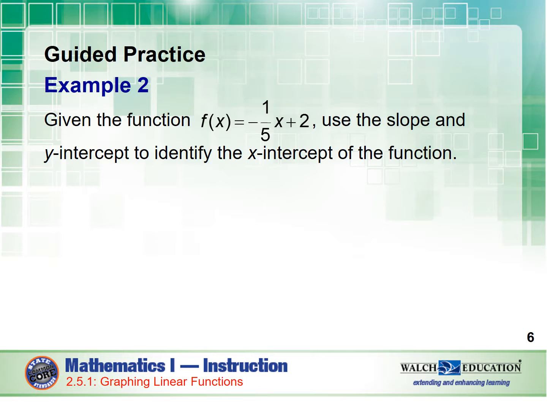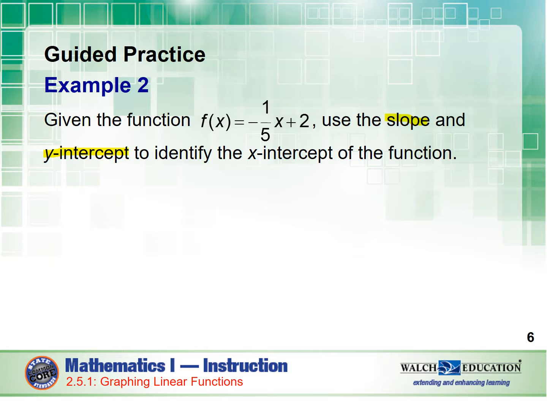Number 2 is, given the function f of x equals negative 1/2 x plus 2, use the slope and y-intercept to determine the x-intercept of the function. Before I go any further, the first thing I want to do is highlight what we're looking for: use the slope and the y-intercept.